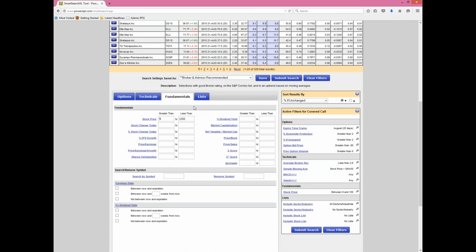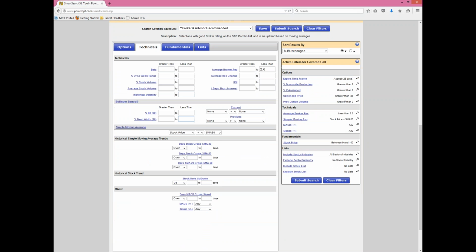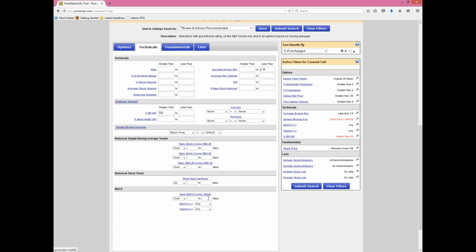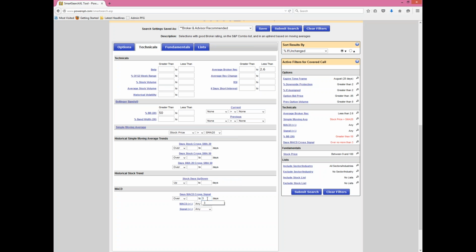So I'm going to go back into the technicals here, I apologize, and I'm going to look for stocks that are still above the SMA 20 and that are in the upper, let's say 50 to 60 percentile of the Bollinger Band range, but more important, I'm going to look for stocks where the MACD line has crossed that signal line, at least in the last 3 days or so. I'm not going to look for it to continue upwards where it's been 3 days or more. I just want to see a crossover in the last 2 or 3 days. So let's go ahead and submit the search, keeping our other criteria.